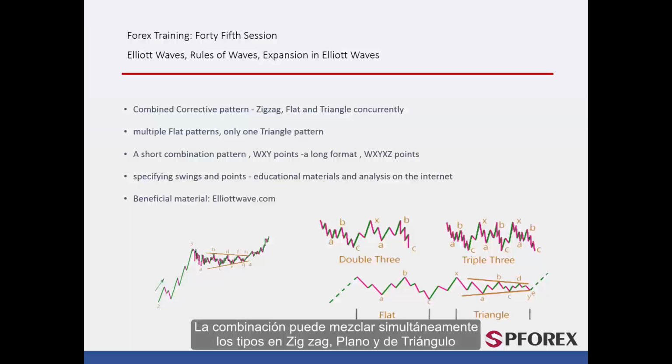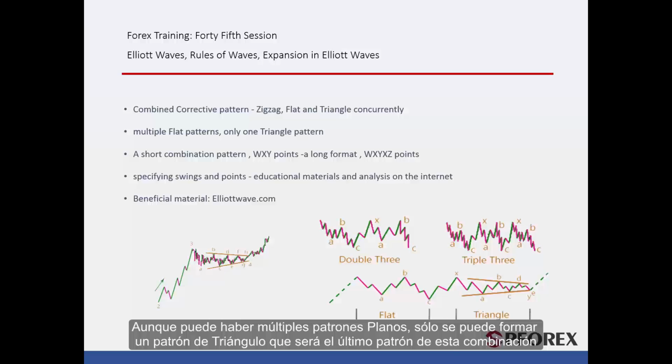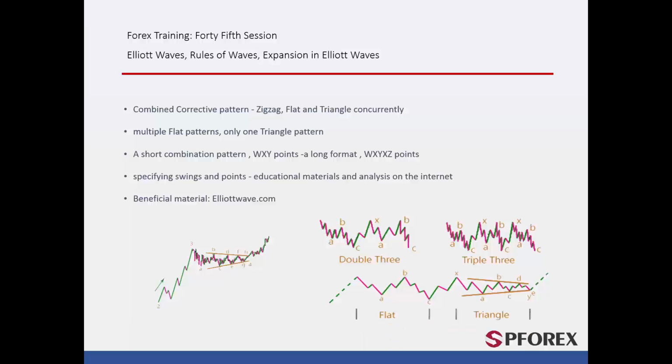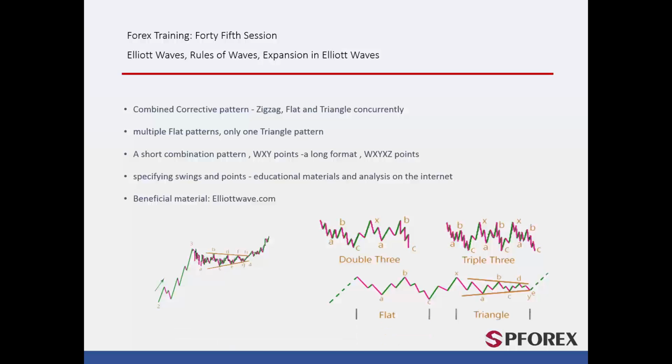The combination can consist of zigzag, flat and triangle concurrently. While there can be multiple flat patterns, only one triangle pattern can form, which will be the last pattern of this combination. A short combination pattern has WXY points, while a longer format has WXYZ points.